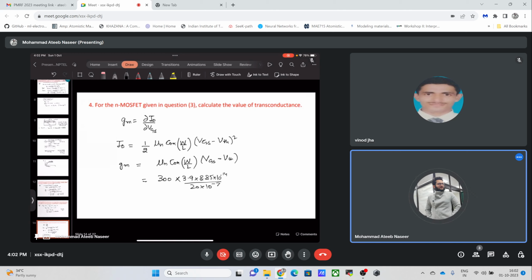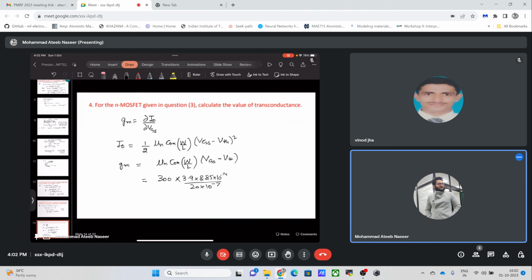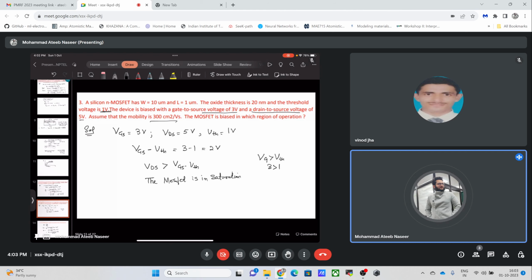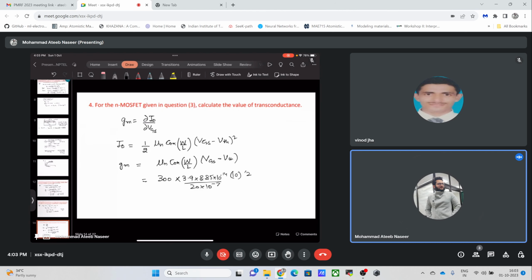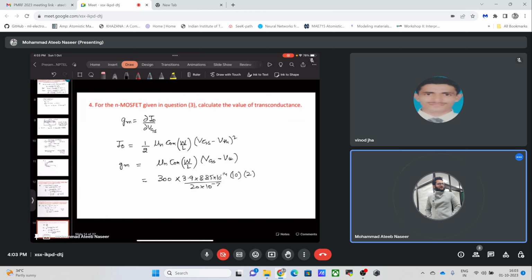Then W by L is simply equal to 10, and VGS minus VTH is equal to 2. So now let's solve for this and check the value of Gm.